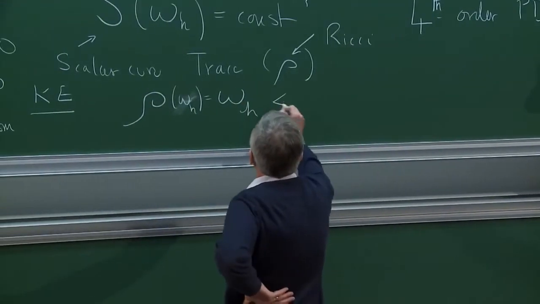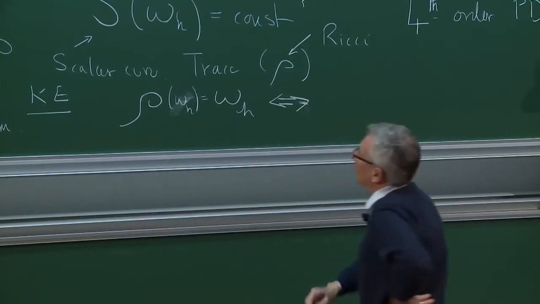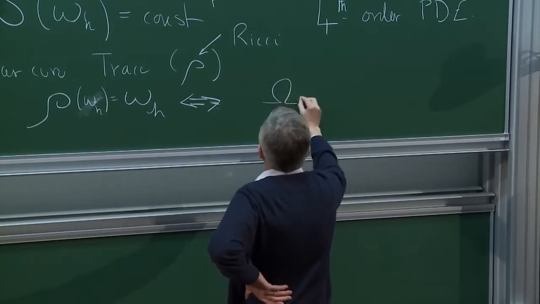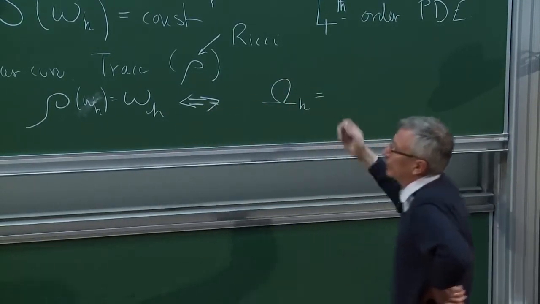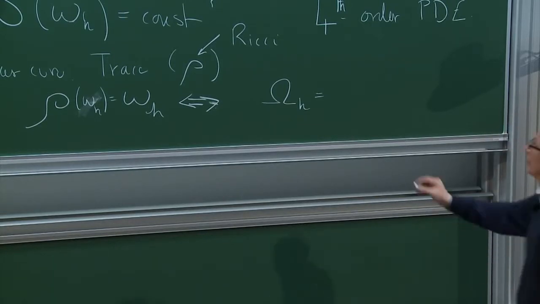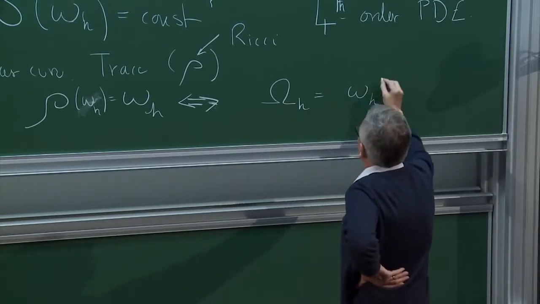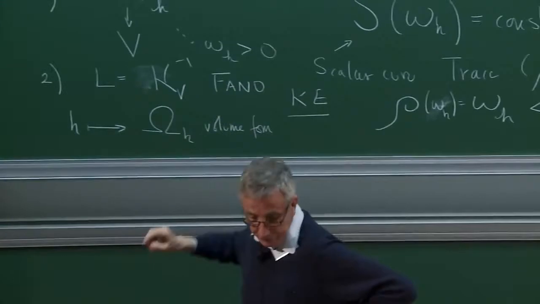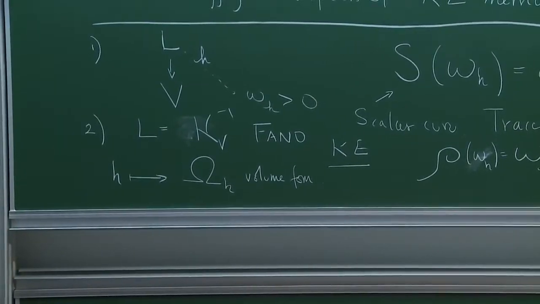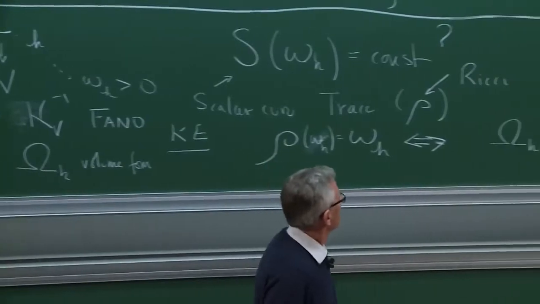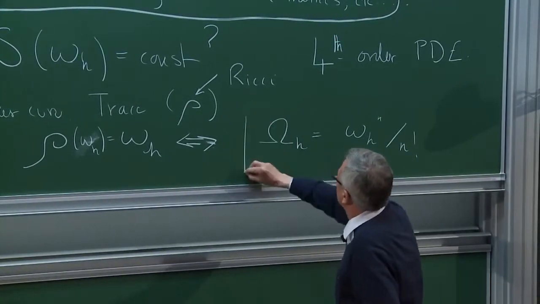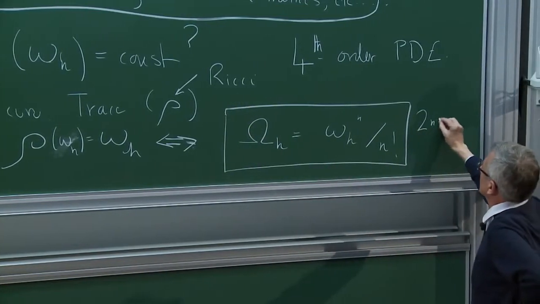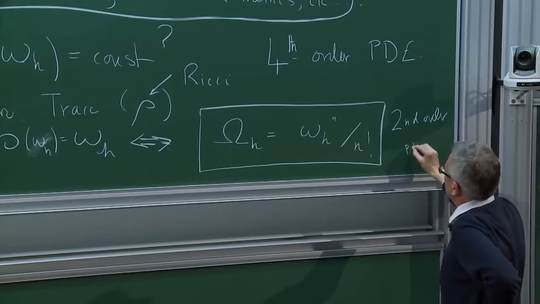So this equation is in fact equivalent to solving the simpler equation that the volume form omega H is equal to some constant multiple, which we can normalize to be 1, of the standard Riemannian volume form given by our metric tensor. So this is a second order PDE.